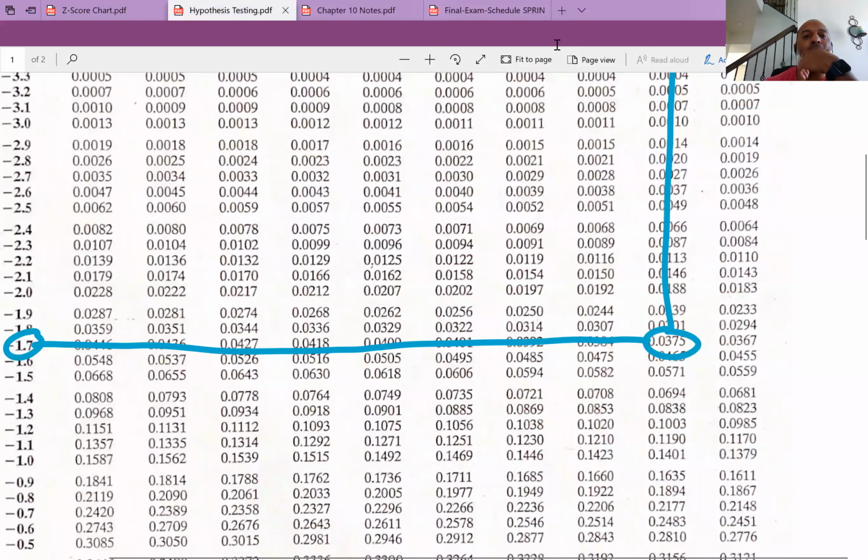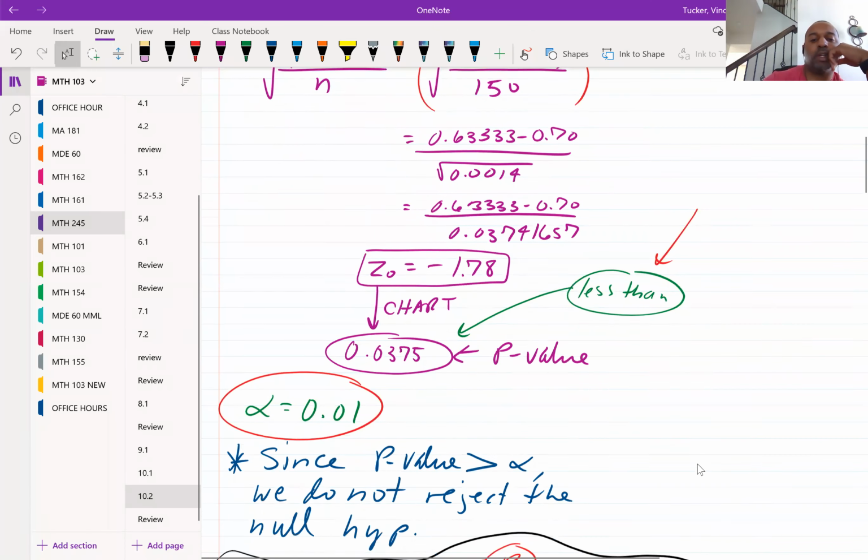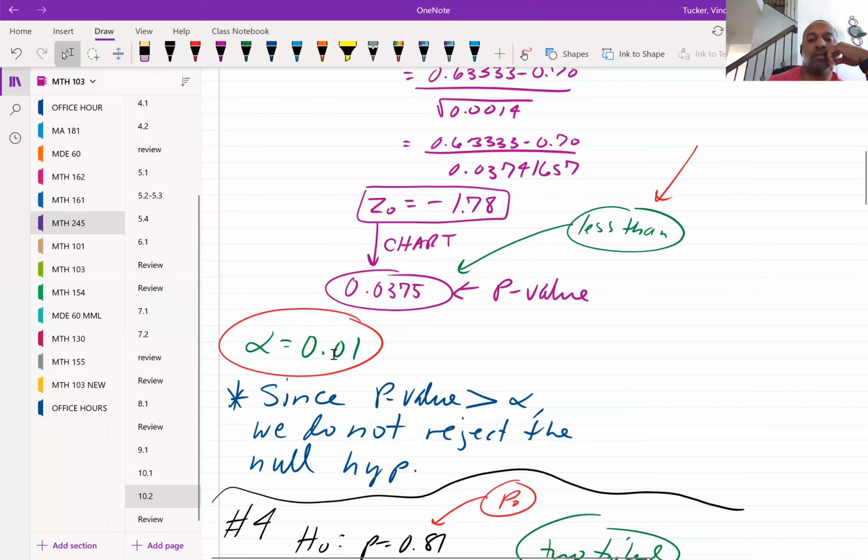All right, so now go back to your hypothesis testing. That's classical. So if the p-value is less than alpha, reject the null hypothesis. So now we look at our p-value compared to alpha, which was given once again. Since the p-value is greater than alpha, we do not reject the null hypothesis.